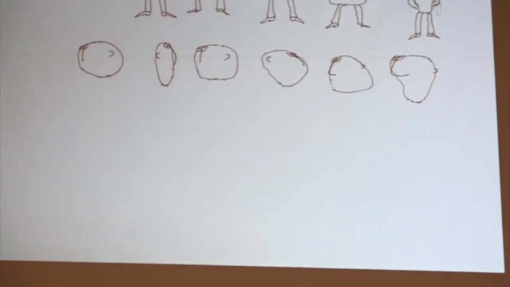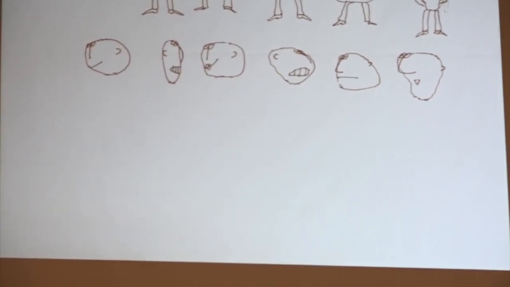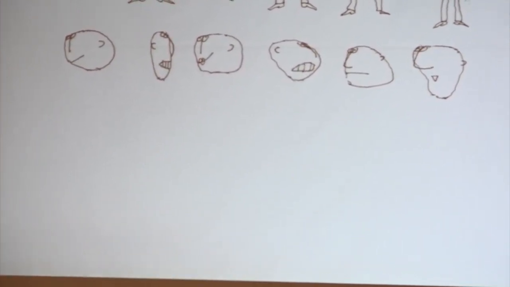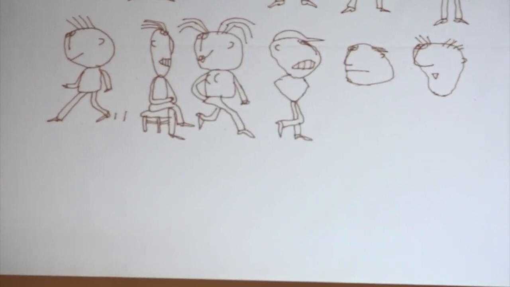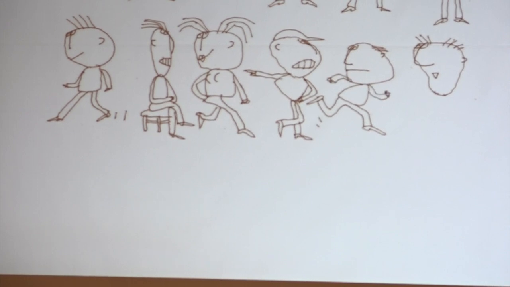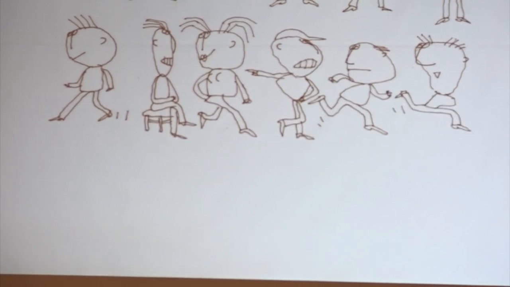And then for facial expressions, I encourage my students to change them. Once I've done that, maybe the body also takes on some postures, like the character can be walking, can be sitting, and so on and so forth. And now they seem to be a little bit more lively.